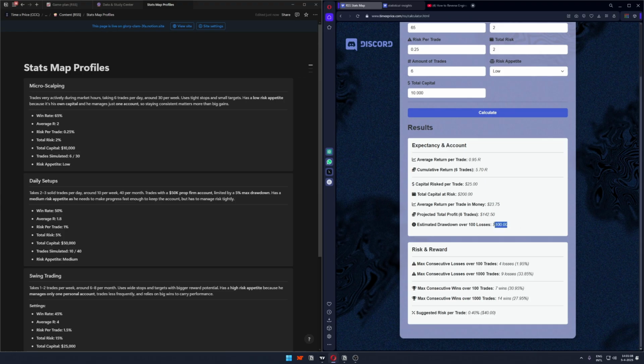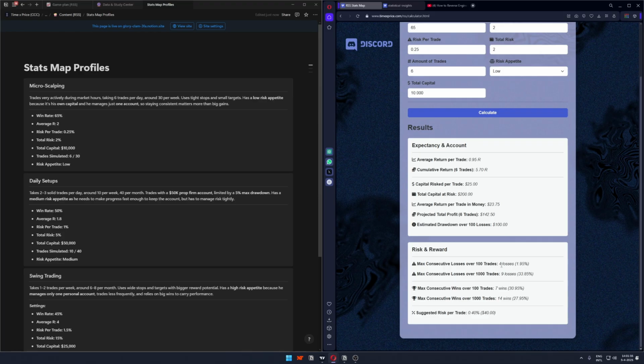So the maximum amount of drawdown we might lose, as our risk appetite is very low, is this: within 100 trades, the amount of times he will lose in a row is 4 losses, being 2%. This is the same for the max consecutive losses over 1,000 trades. It's a lot bigger as there is a way higher chance to hit that.